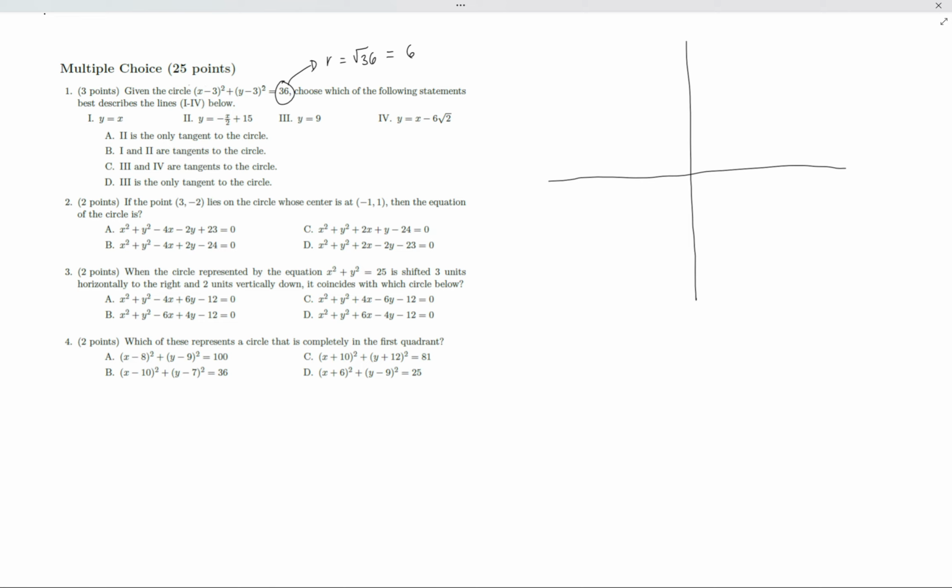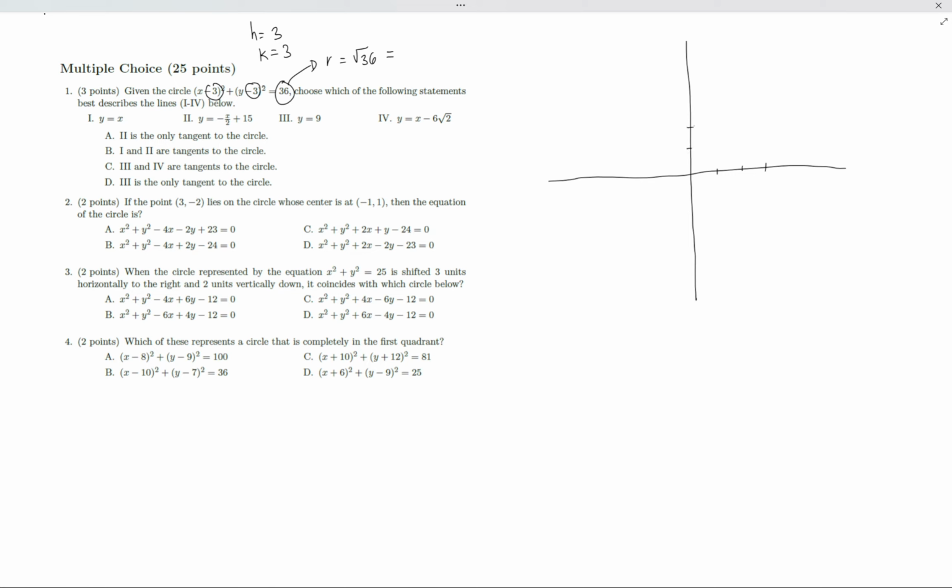Now, from this statement, I know that the center lies at (h, k) given by these values. We have negative values here, so h must be the opposite sign of that. So you have positive 3, and k is also positive 3. Therefore, this circle has a center at (3, 3), so it's in the first quadrant.